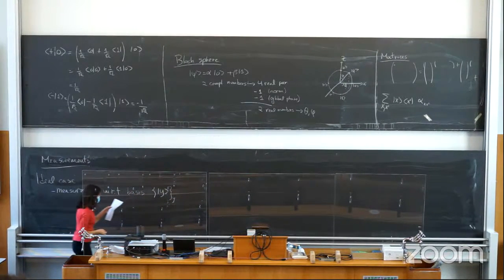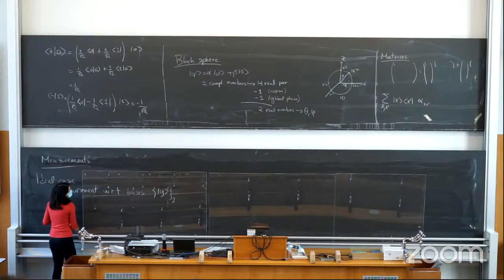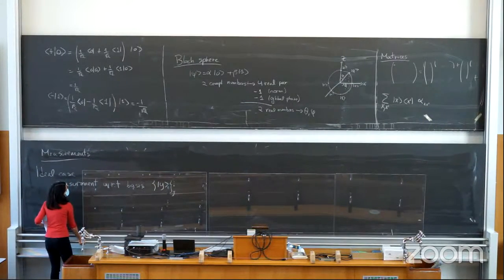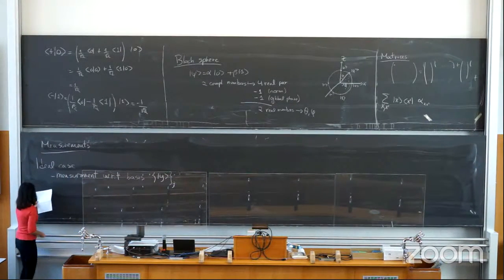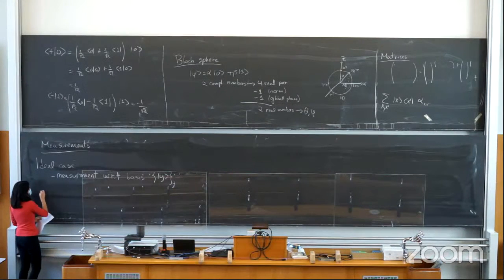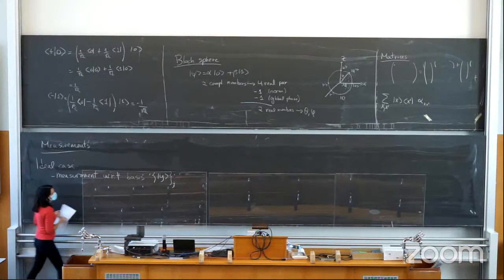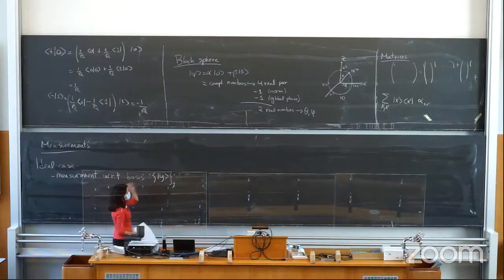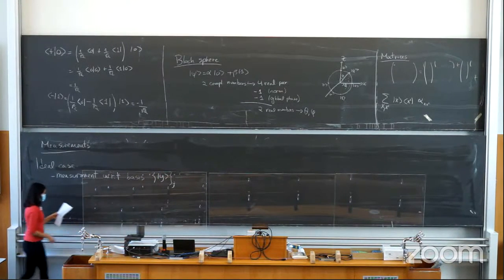Y. Well, then the rule is this: the probability of obtaining outcome y. So I measure the position of the particle, I call the position y for now, and I ask, what's the probability that I find the particle precisely at point y? Okay.